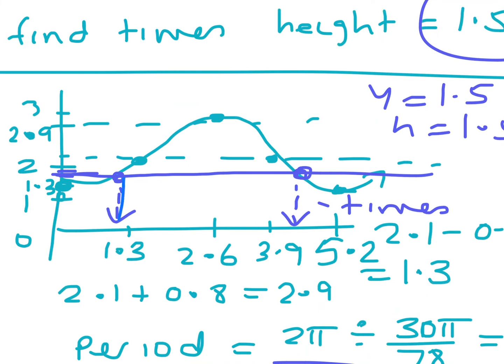Here we go. So this is the 1 hour 8 minutes. So that's 1 hour 8 minutes after the first tide, which was low tide. And this is 3 hours and 8 minutes, which is after the next tide. Okay, so the point of intersection should be the same as your solution.